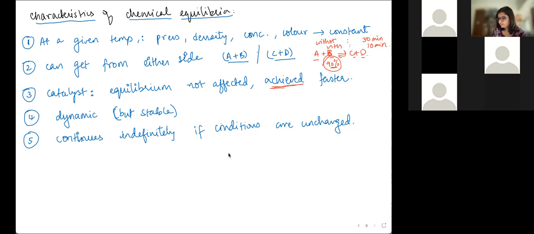Then the last point, same as physical equilibria: the magnitude of these quantities, like what is the pressure in the vessel or what is the concentration.